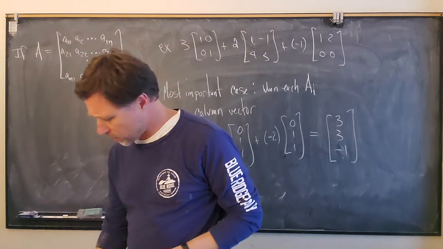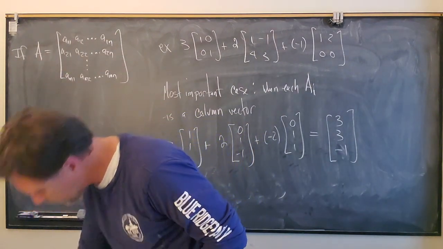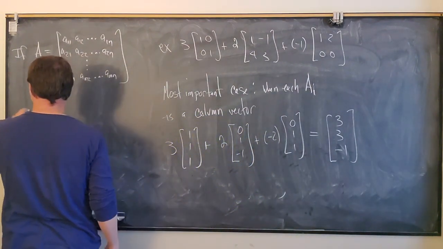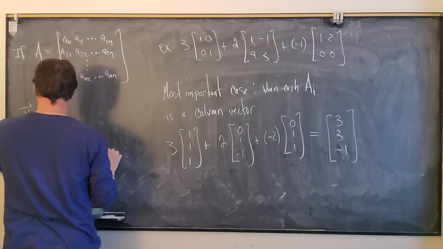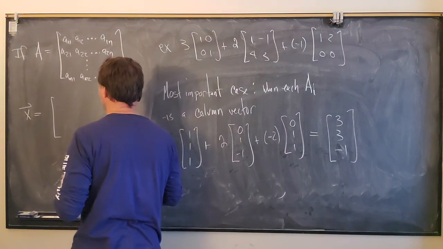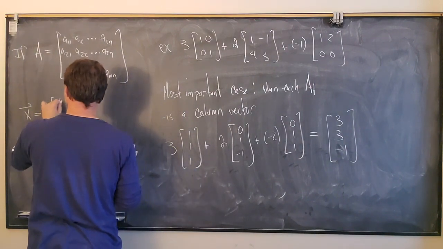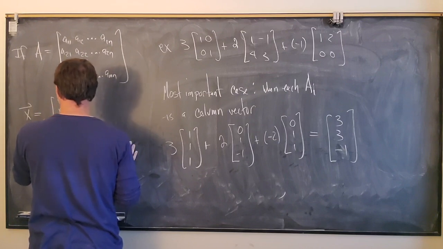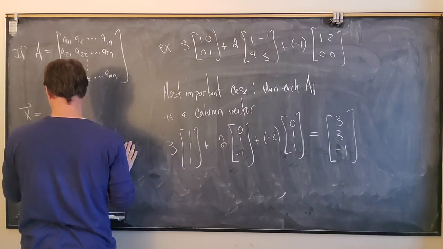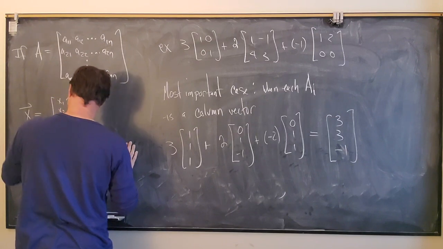And then I want a column vector, and this is going to be x equal to, and I want it to have the entries x1, x2, dot, dot, dot, down to x sub n.